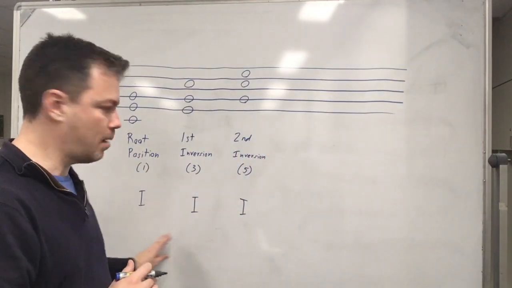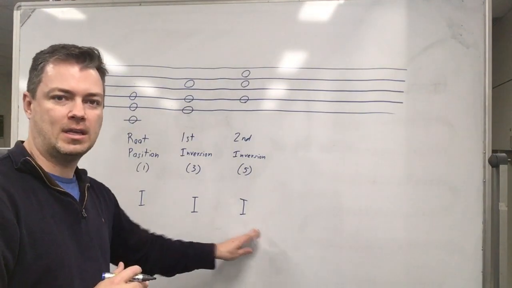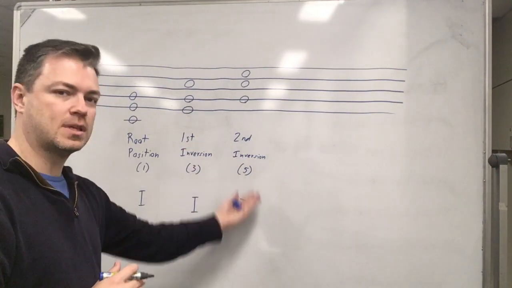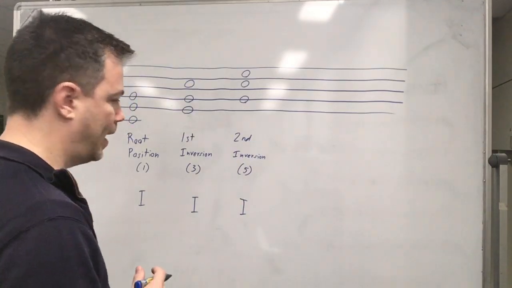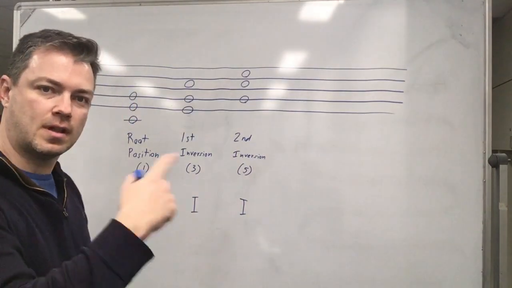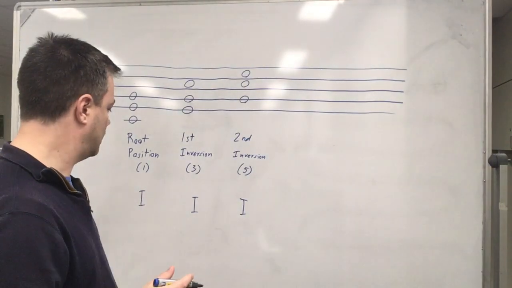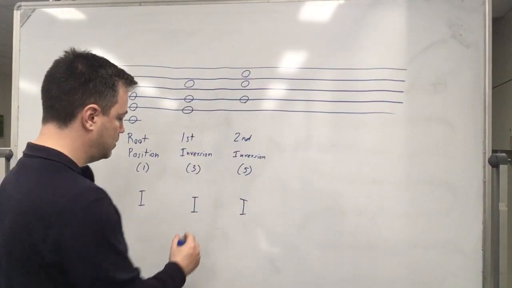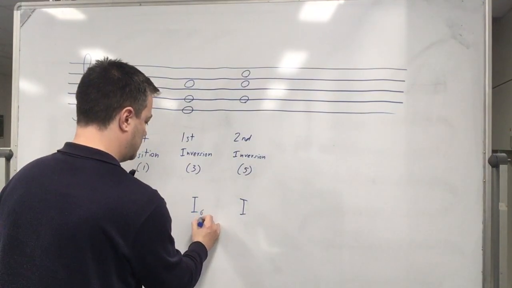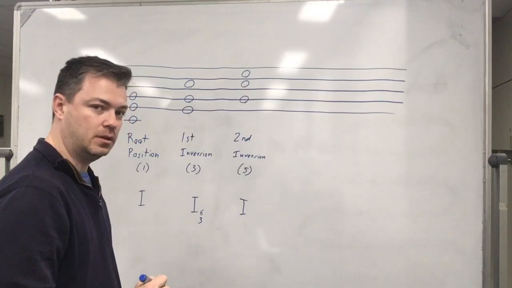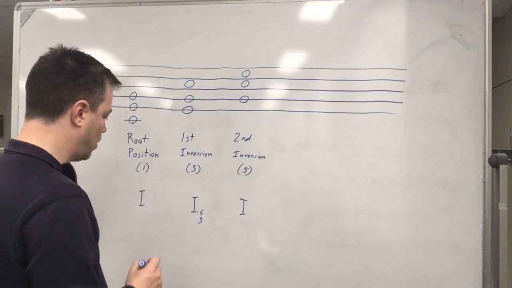But there's a system of how we can indicate whether it's in root position, first inversion, or second inversion. And I'm just going to write it down first, and then I'll explain. Root position, we don't need to do anything. It's just chord 1. For first inversion, we put 6-3, and quite often we don't even worry about the 3.